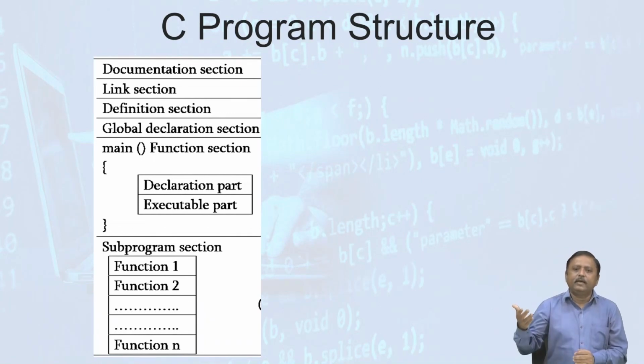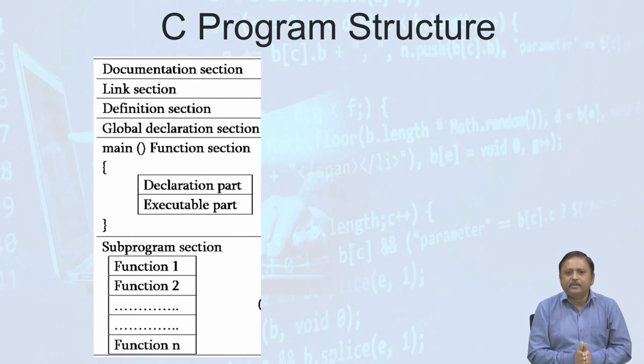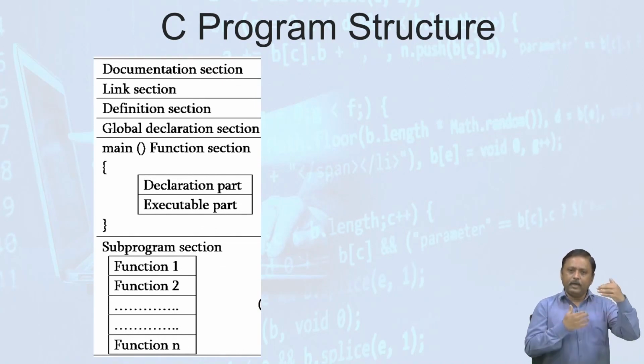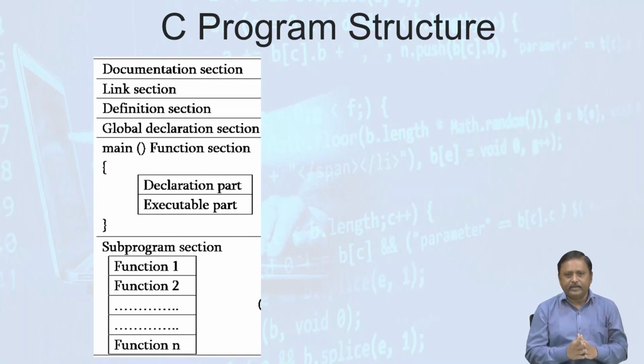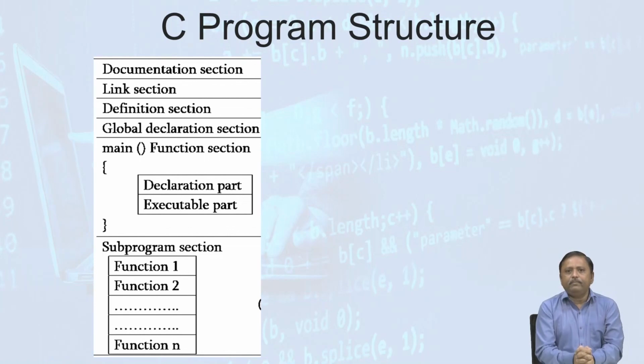That is known as the executable part. Once your program is complete, the closing brace indicates the end of program, the opening brace indicates the start of program, and in between there are two sections that we have just discussed.